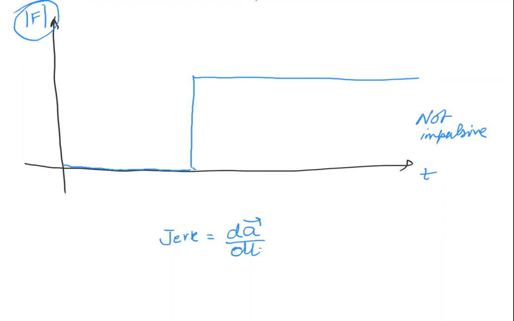So, what we need is, we need to understand which forces can be impulsive and which forces can never be impulsive. So, gravity can never be impulsive.